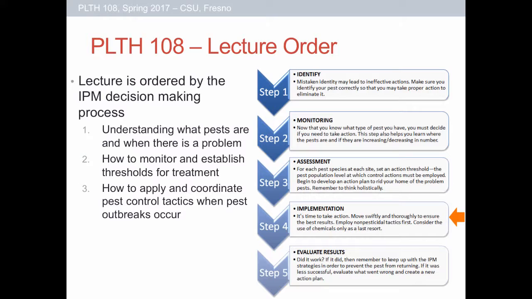Finally, we'll bump down to implementation. What are the major tactics that we use in pest control, whether that's biocontrol, cultural, and a little section on genetic controls, looking at some of the new tools based on DNA, RNA technology. And then finally, how do we evaluate success, and also the practical aspects of IPM. Where does IPM work? Where does IPM break down? And what can we do with that?